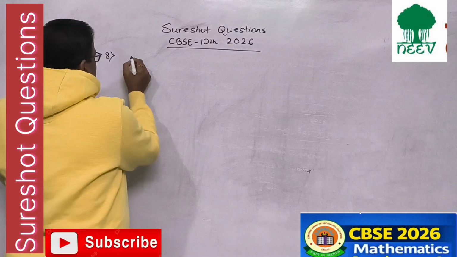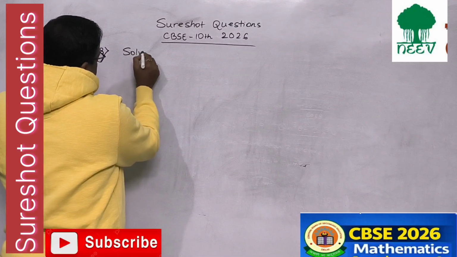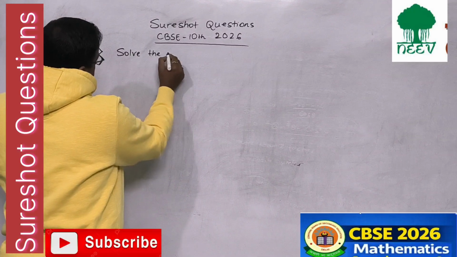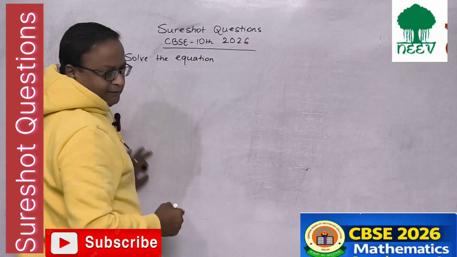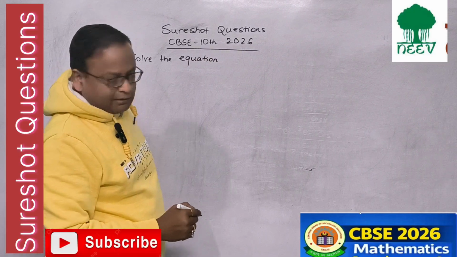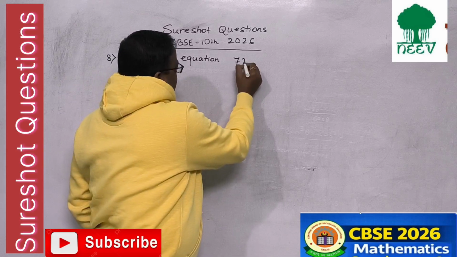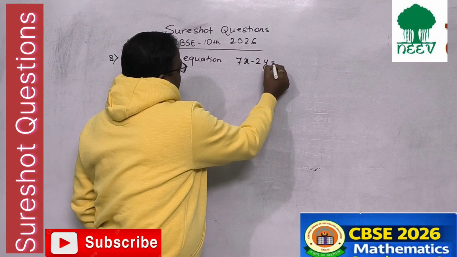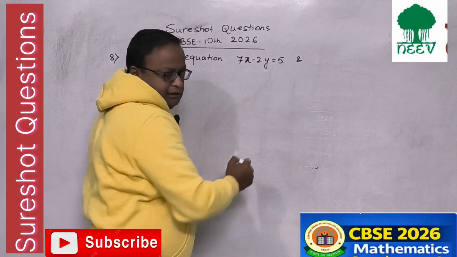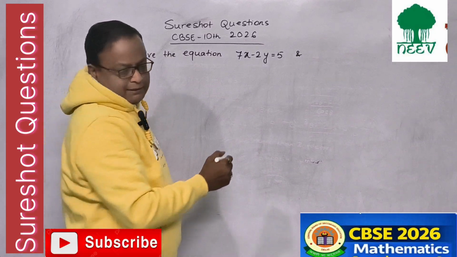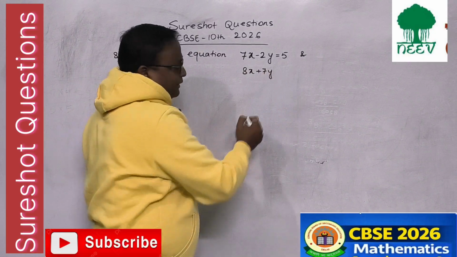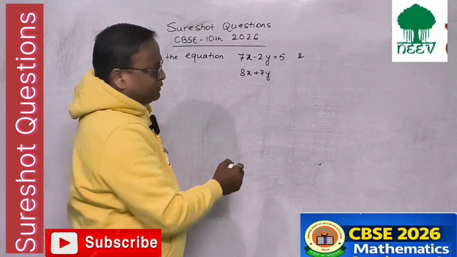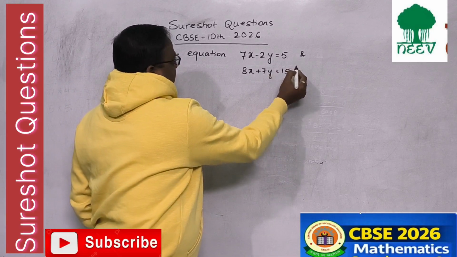So question number 8 is: solve the given equations. The first equation is 7x minus 2y equals 5, and the other is 8x plus 7y equals 15.